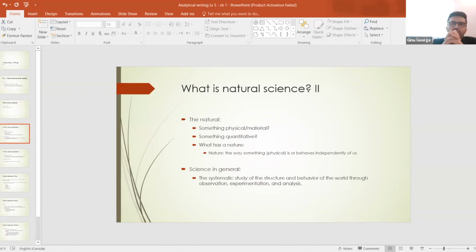Its etymology only helps us so much. Scientia, knowledge. Knowledge of natural things, right? This is what we have so far, knowledge of natural things. But now we need to specify a bit more. And one way is the way you said, okay, knowledge that has to do with observation. What else?